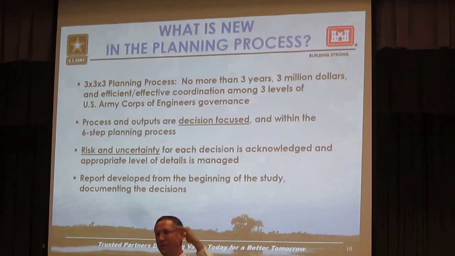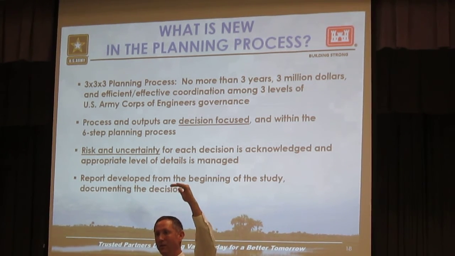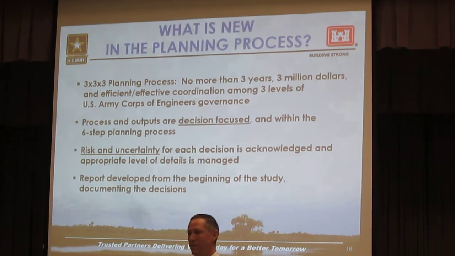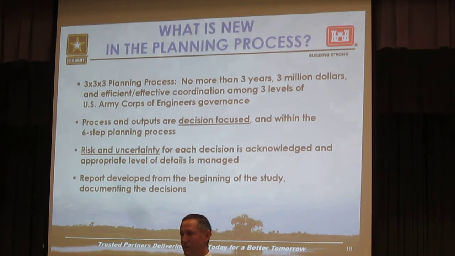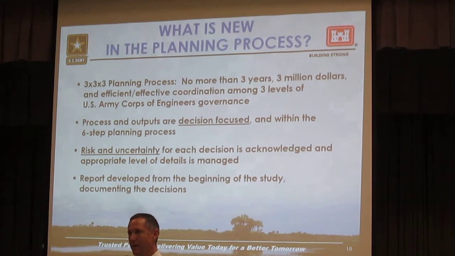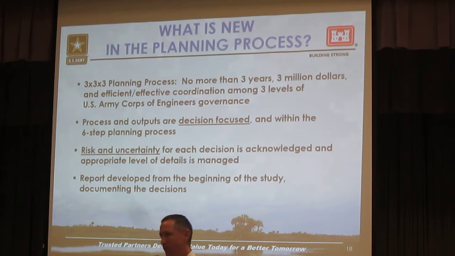We have a division level and ultimately up at the national level in headquarters, better coordination between those groups to ultimately make sure we address issues fully, get support ultimately at headquarters for the plan. The process is also focused on what are those key decisions we need to make.